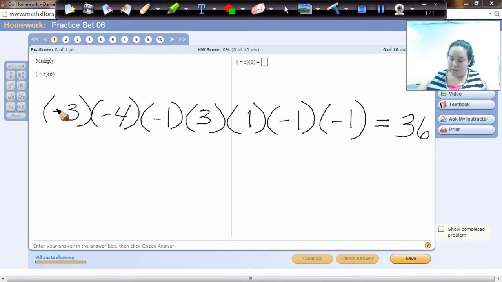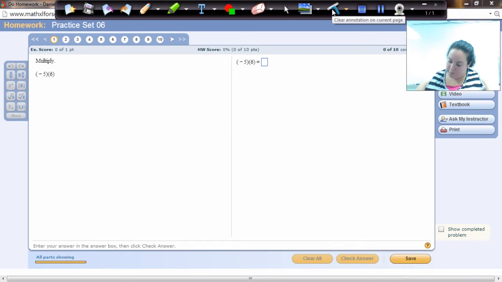And then you count up the number of negatives. 1, 2, 3, 4, 5. 5 negatives. If there's an odd number of negatives, your answer is negative. If there's an even number of negatives, your answer is positive. So positive for an even number.